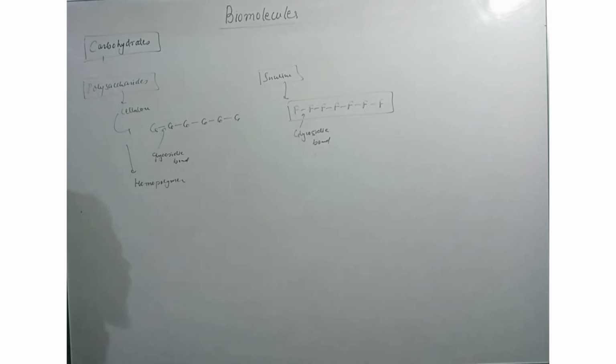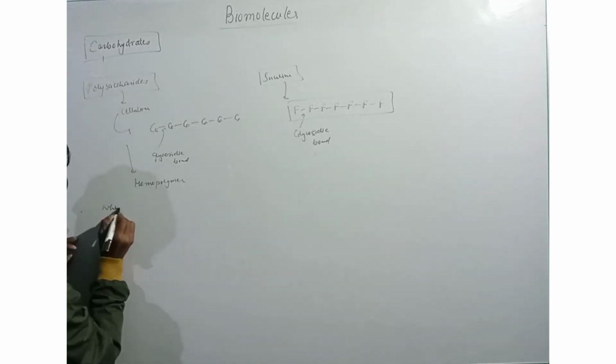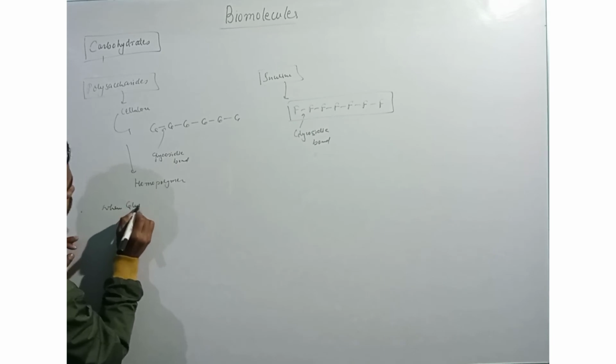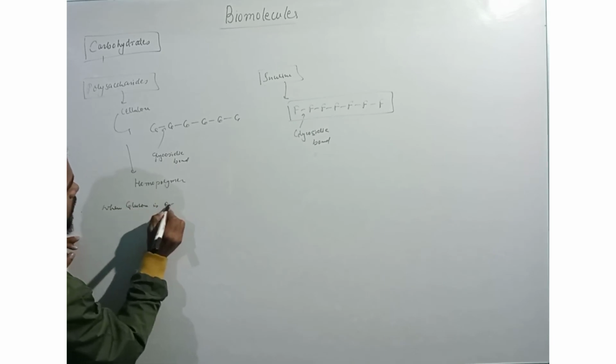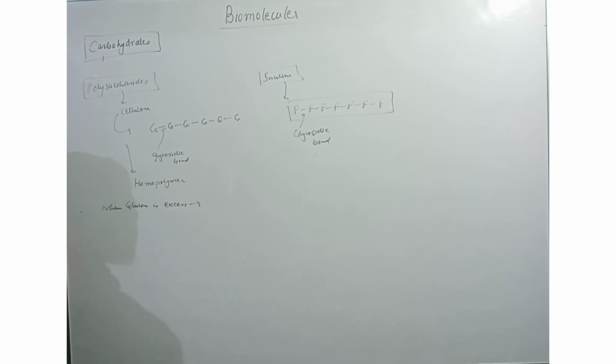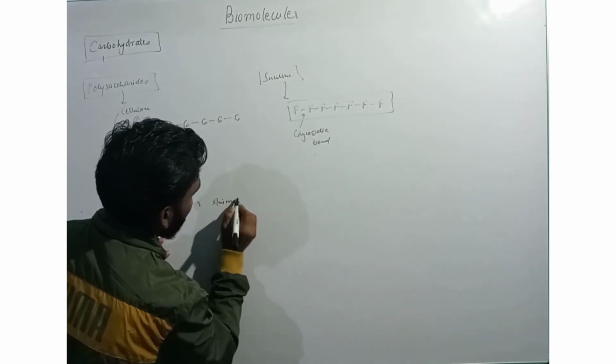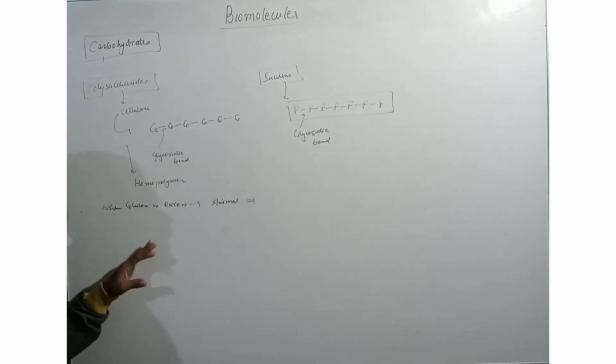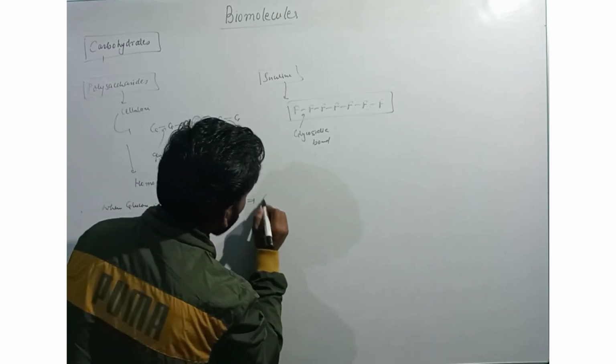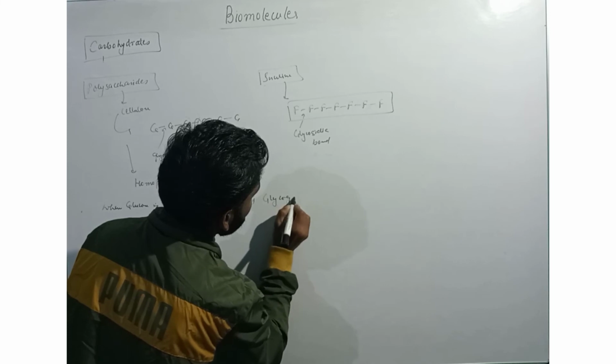This is very important. Now when glucose is in excess in animals, it is stored in the form of glycogen.